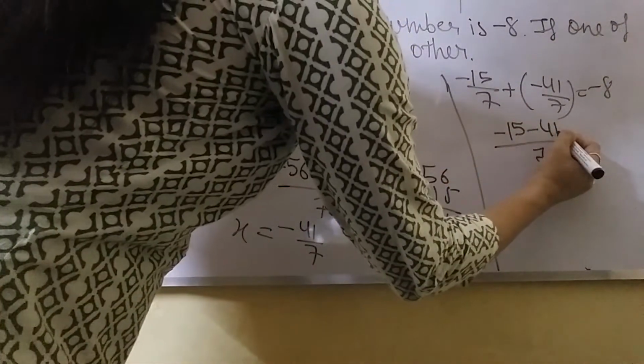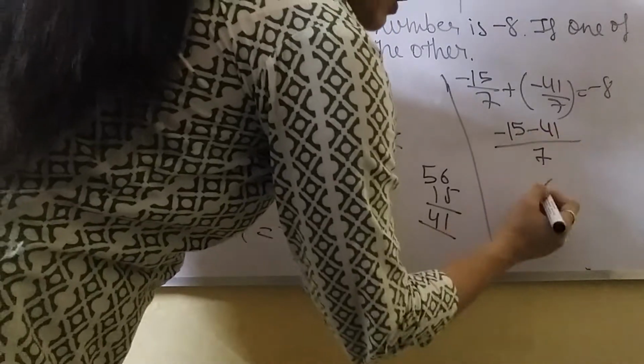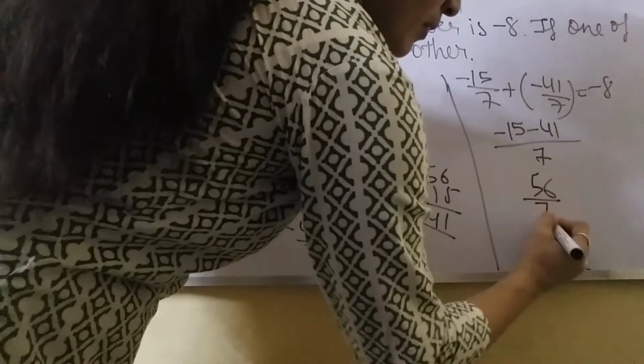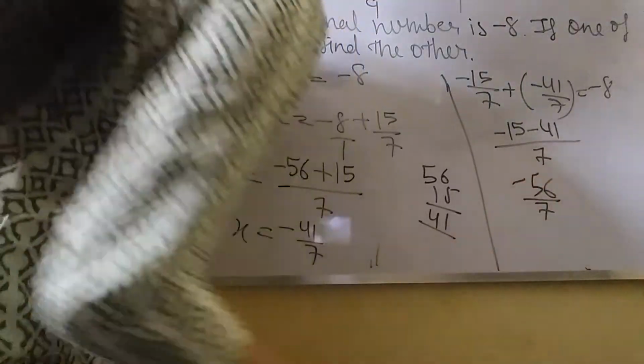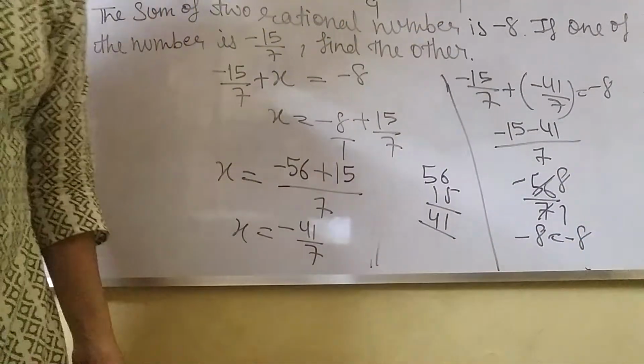We will get 5 plus 1, that is 6, and 4 plus 1, that is 5, and we will have a sign of minus. Now this will be 7 1 is 7, 7 8 is 56. So on the left hand side we have minus 8, as well as on the right hand side.